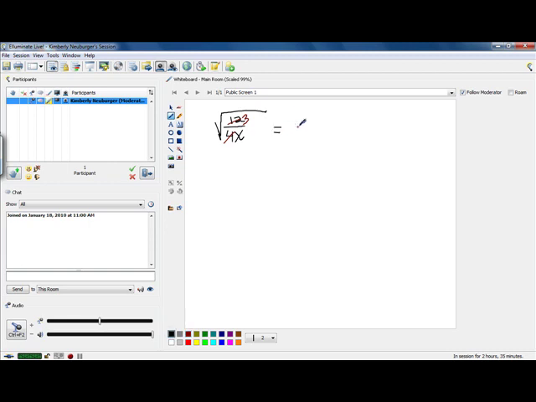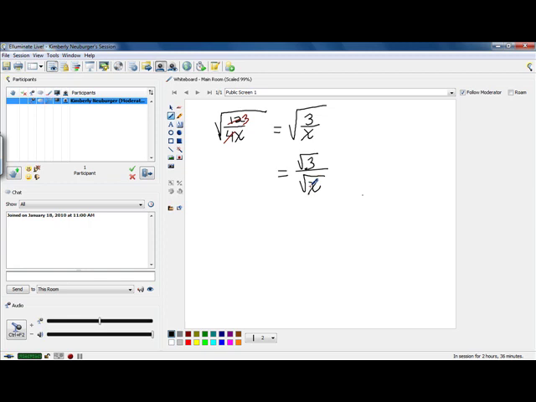So this turns into square root of 3 over x. So we were able to reduce it, however, we're left with a fraction underneath that square root. So we can't have a fraction under there, so let's split this up. It's going to be square root of 3 over square root of x.